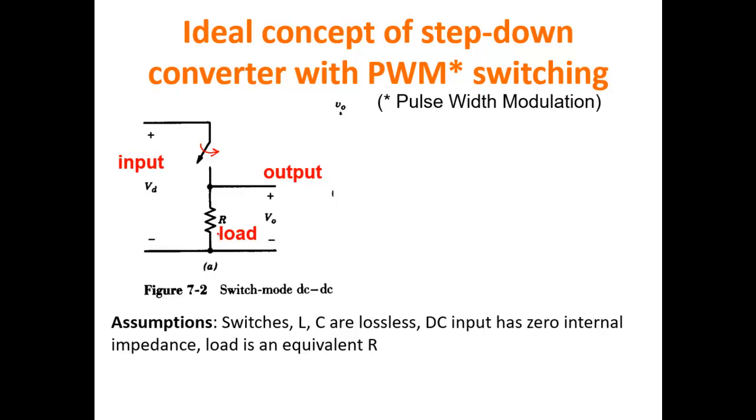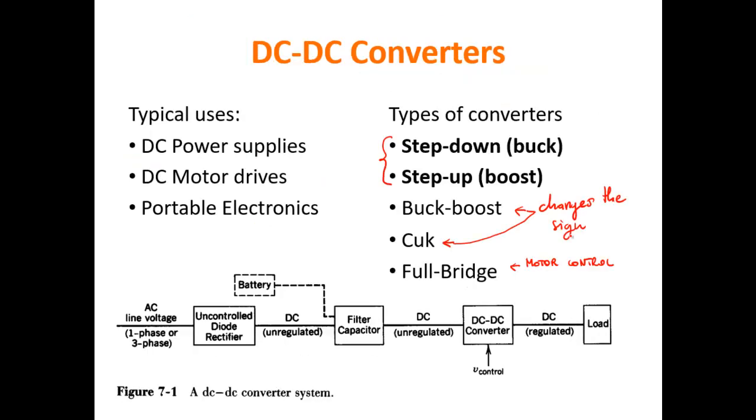So if you periodically turn the switch on and off, you can obtain as an output a rectangular waveform which goes from VDD to zero. And so the average value of the voltage is something in between VDD and zero. So this is the situation.